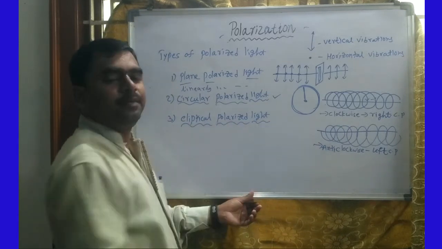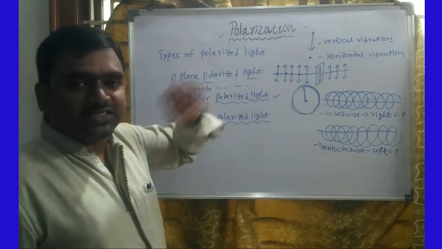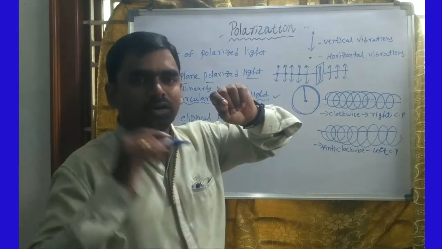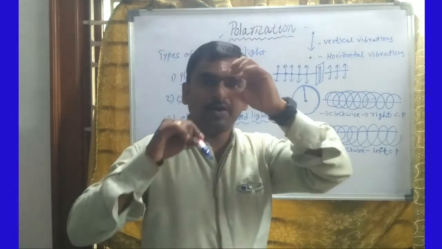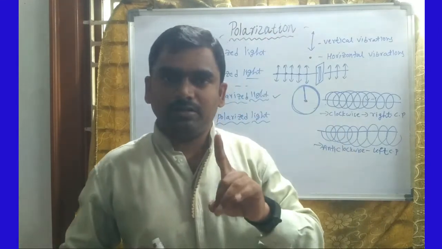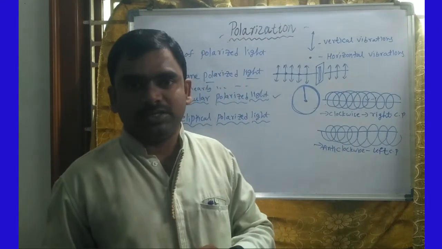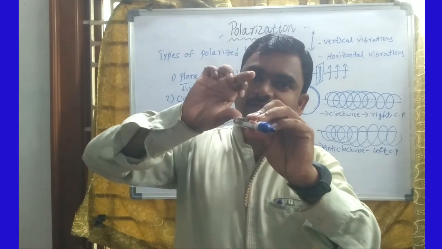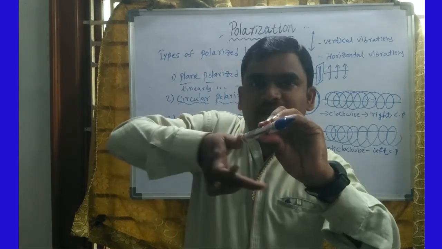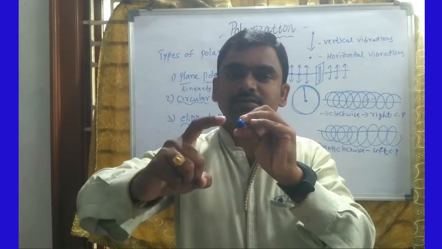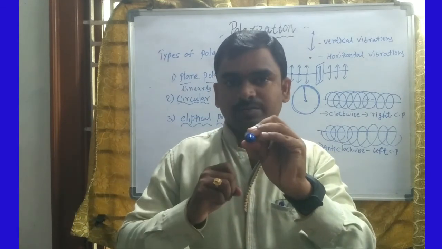In the first case, the vibrations are either up and down or to and fro. They belong to only one plane, that's why that is plane polarized light. In the second case, the electric vector is rotating with a constant amplitude around the propagation direction of the wave.